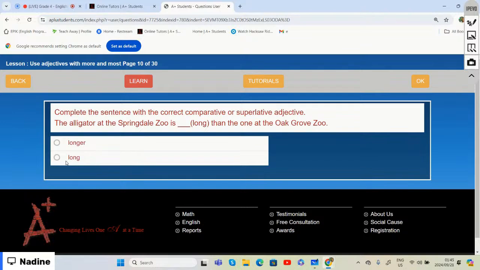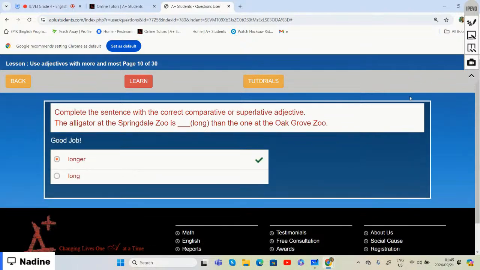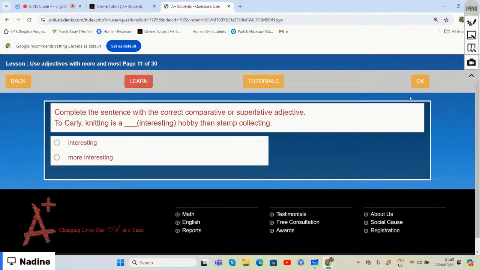All right, so we can say the alligator at the Springdale Zoo is longer than the one at the Oak Grove Zoo.